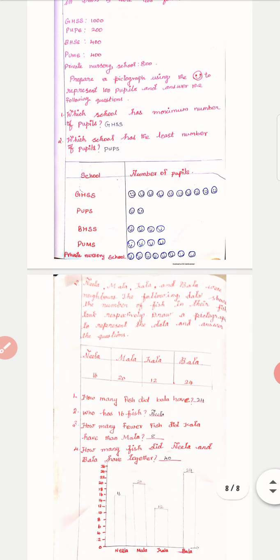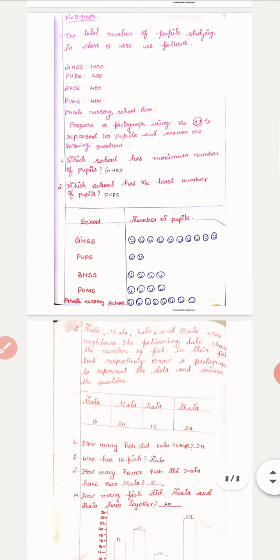So we draw 10 smiley pictures. Next, PUPS. How many pupils? 200. So how many smileys? 2. One picture represents 100, so two pictures represent 200.